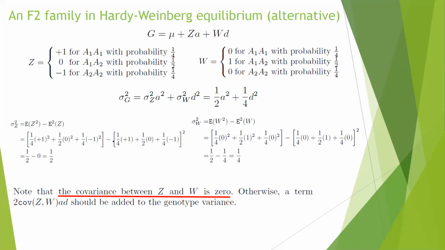So here we're doing a linear model. We try to use a linear model to test the association between a locus and the phenotype. We want to see if the variability in the genotype at a specific locus is associated with the phenotypic variation.